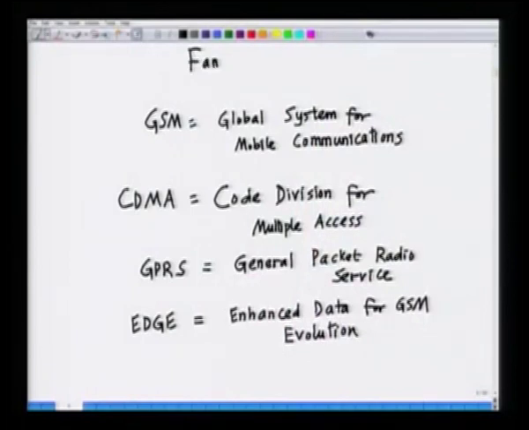This is the family of 2G, 2.5G, sometimes also known as 2.75G wireless communication standards.